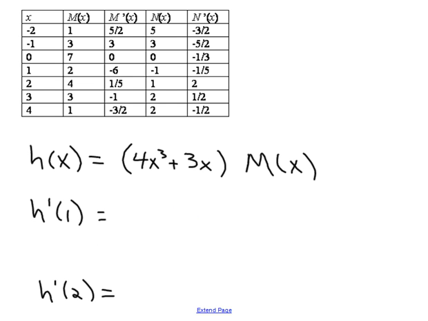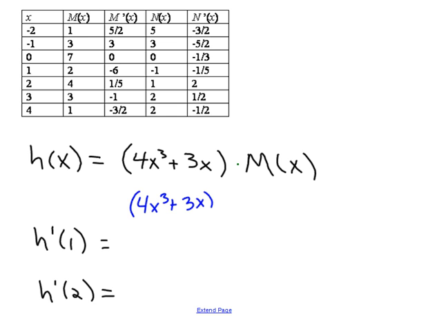All right, let's look at another one. Now we have a function given to us, 4x cubed plus 3x, times our table function, our m of x. So again, I would start off with just writing the quotient, or sorry, this is going to be a product because we're multiplying, writing the product rule. So I take one function times the derivative of the other function, and I add it to the switch.